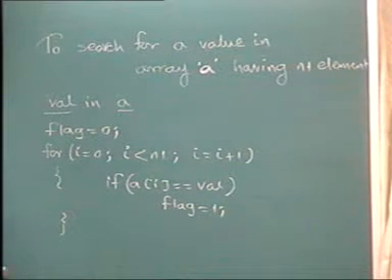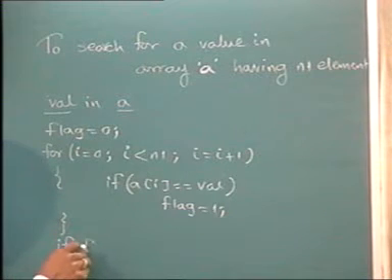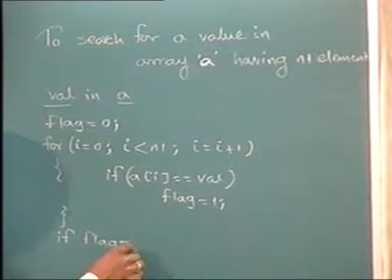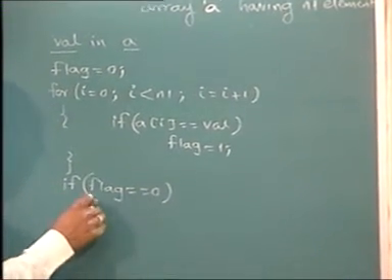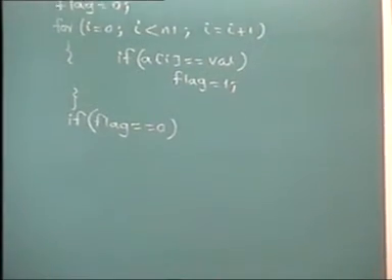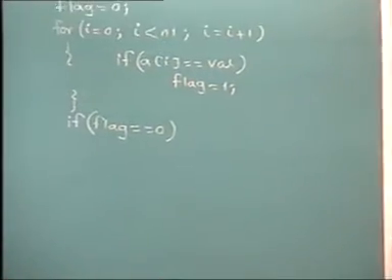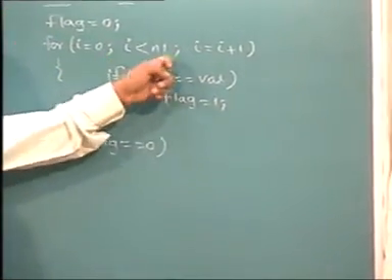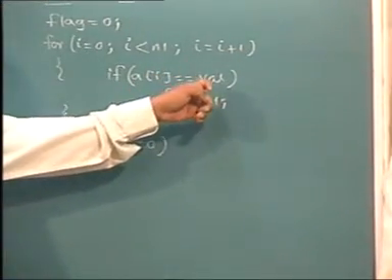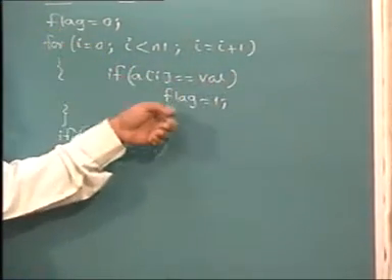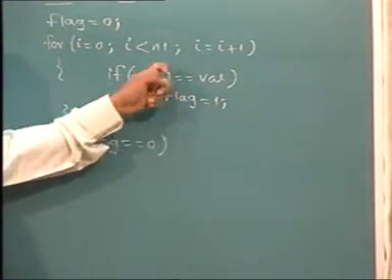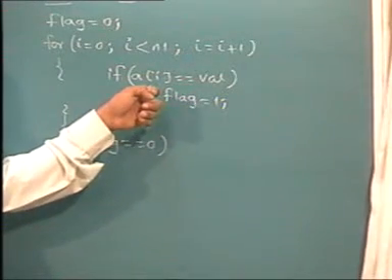And then I will check if flag is still 0. What does it mean? I have gone through searching each element, I have compared, but it has never matched. So flag has never become 1, because once flag becomes 1 it is not going to become 0 again.